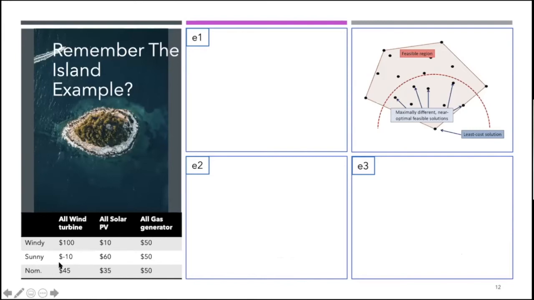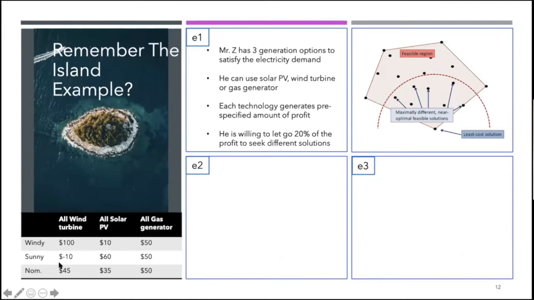So we had Mr. Z who had 3 generation options. He could use solar PV, or he could use wind turbine, or he could use gas generator for satisfying the electricity demand. And we knew that each of these technologies had pre-specified amount of profit.